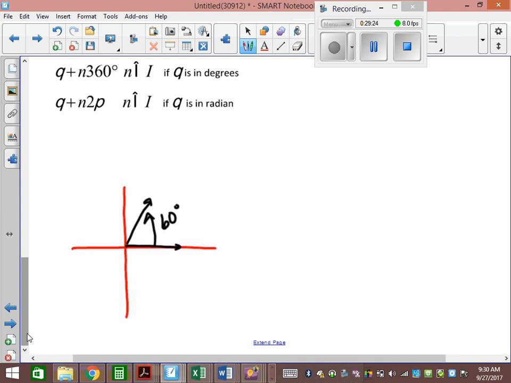If I kept going around and came back to that spot, it would terminate on that arm, wouldn't it? A full circle is how much? 360. So if I just went 60 plus 360, what do I get? 420.